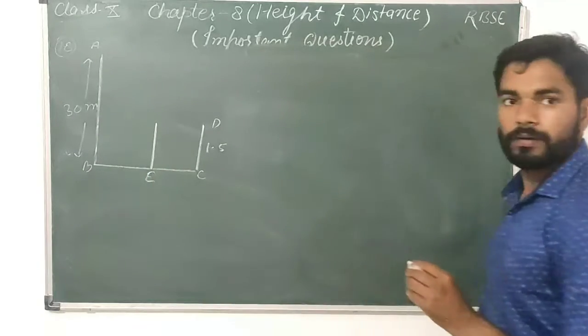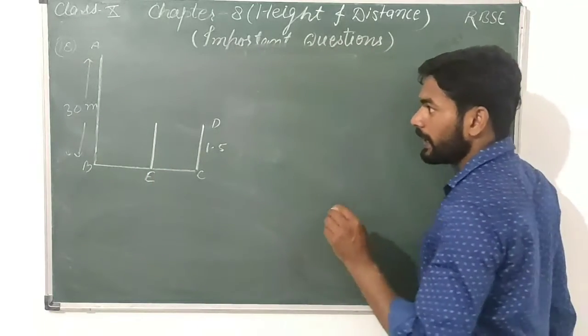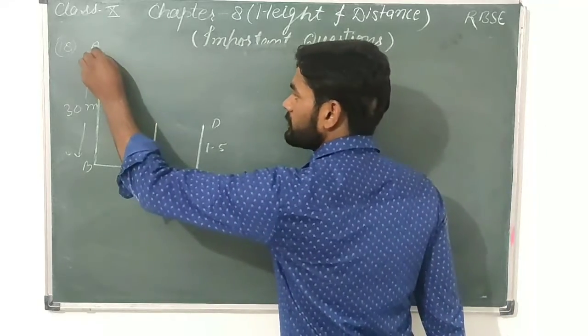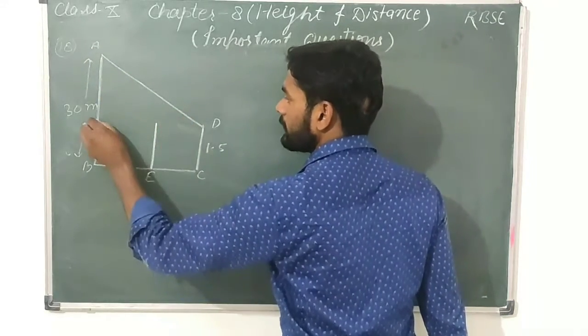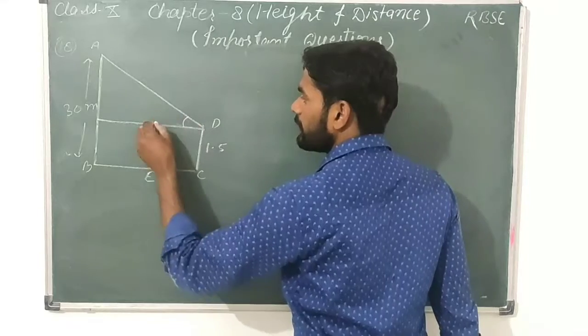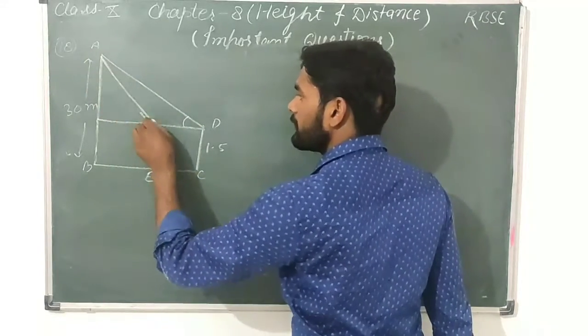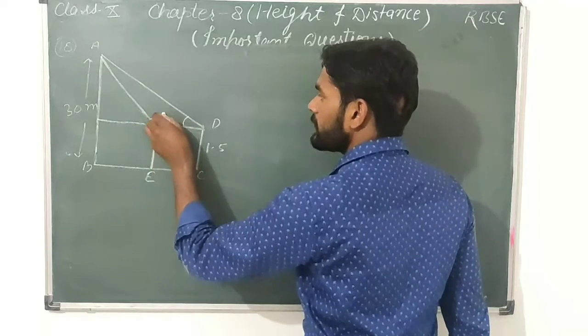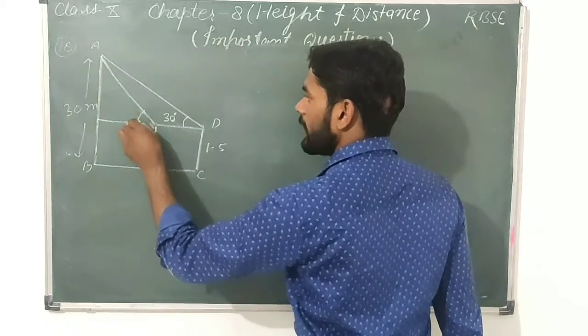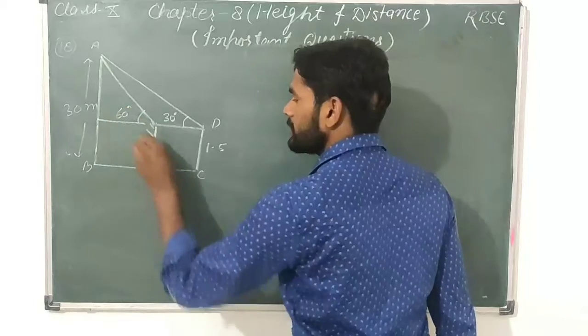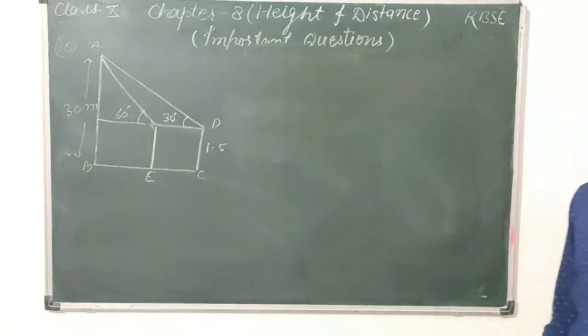Then the angle of elevation will change. So first it was this, and now it becomes this one. In the first case the angle was 30 degree and now the angle is 60 degree. Are you getting it?